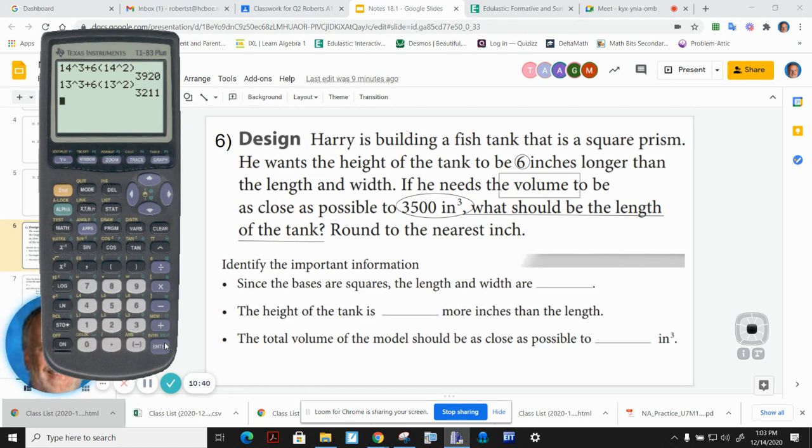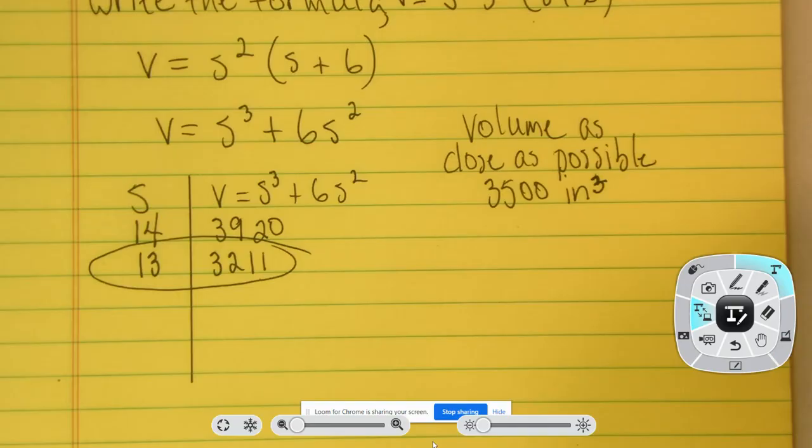I can try other numbers, but 13 gives me 3,211 and 14 gives me too much. So 3,211 is the closest to 3,500.